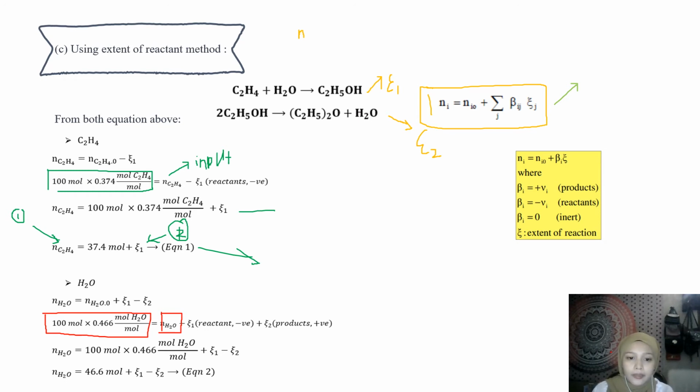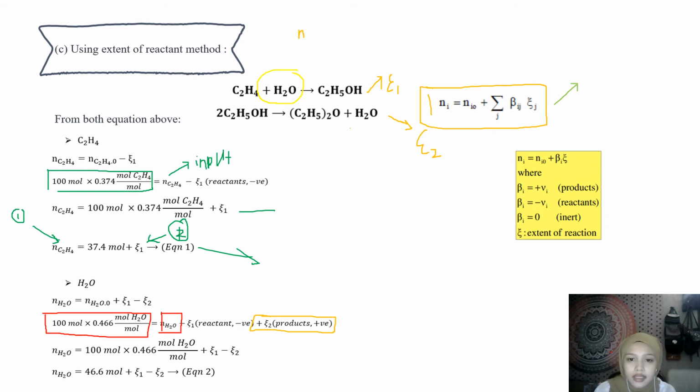Why we use minus and plus? Because first the H2O reacts at the extent of reaction 1 as a reactant, and second the H2O reacts at the extent of reaction 2 at the product side.